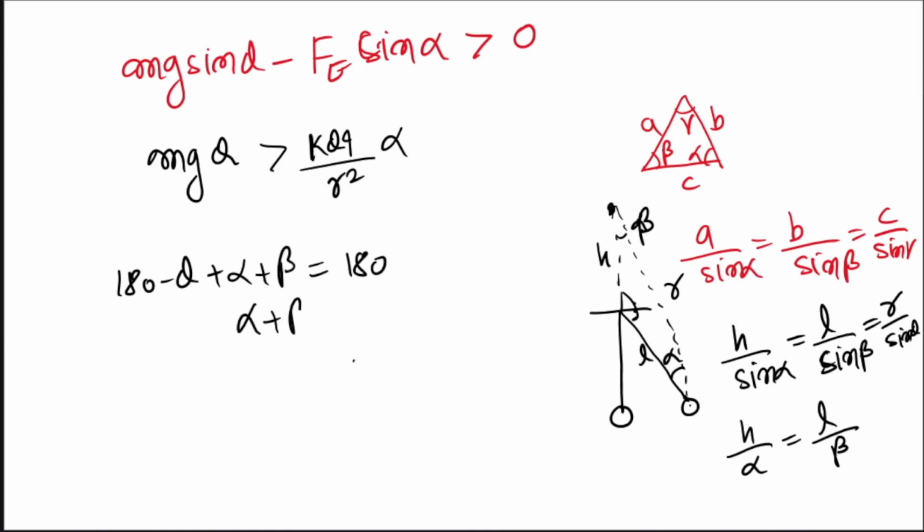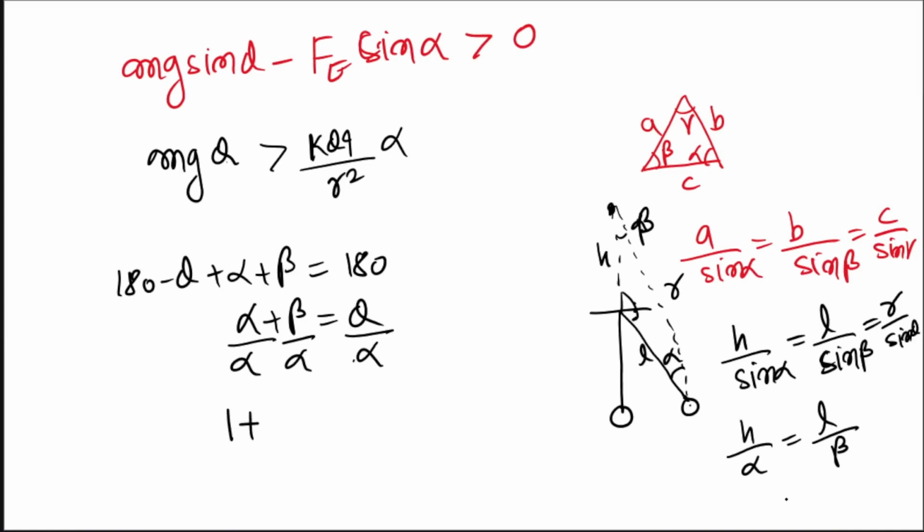So alpha plus beta is equal to theta. And from here, we need the value of theta by alpha or alpha by theta. So let's say theta by alpha we require. So what I will do is divide this with alpha, this one with alpha, this one with alpha. So this will become 1 plus beta by alpha.